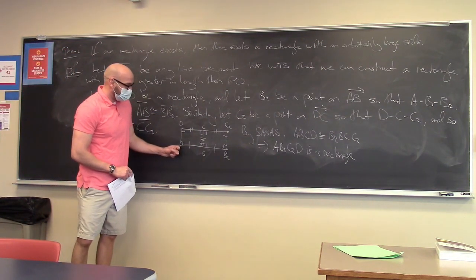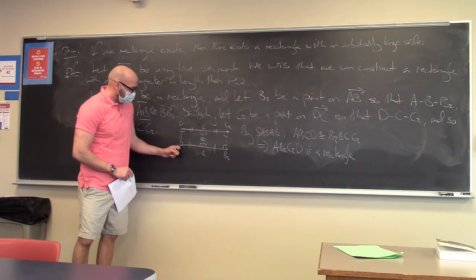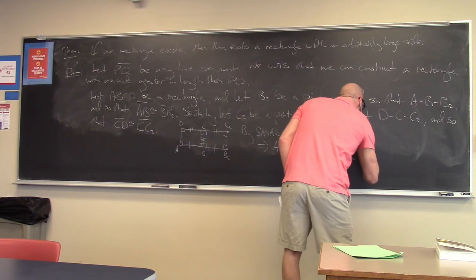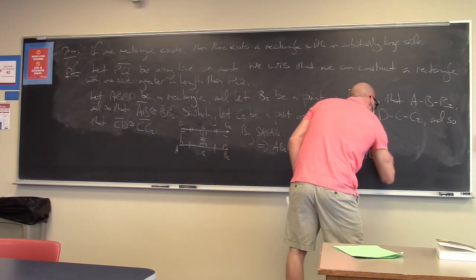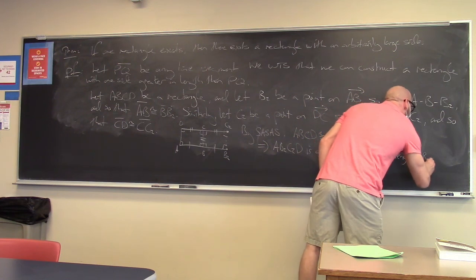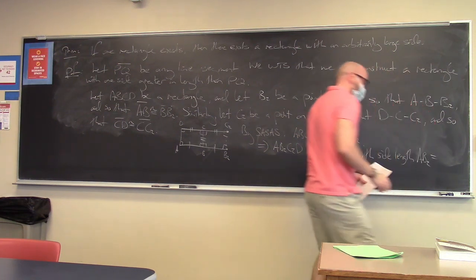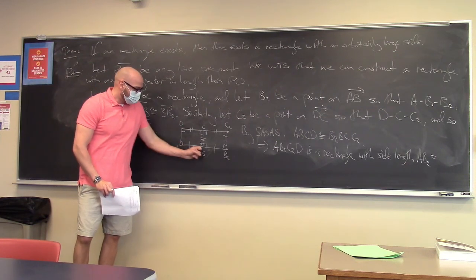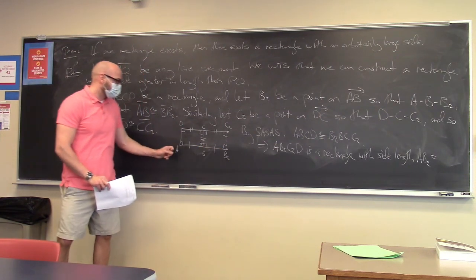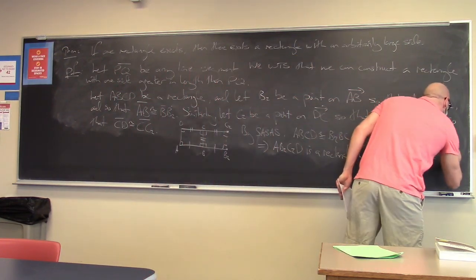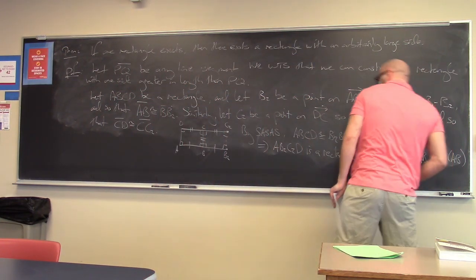Well, we'll say with side length AB2. How long is that? Well, AB and BB2 are the same length, so AB2 is just twice the length of the original side. This is just 2 times AB.